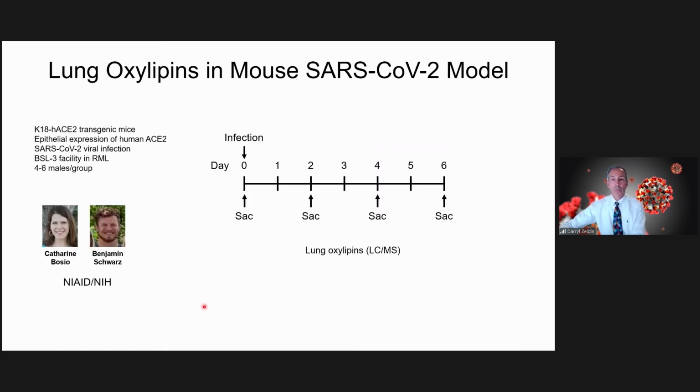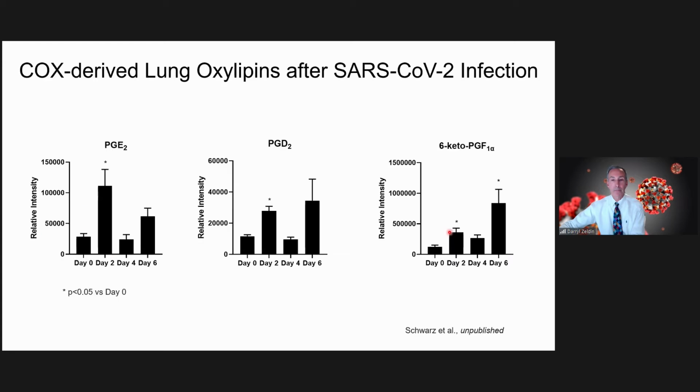Unpublished data on the regulation of eicosanoids after SARS-CoV-2 infection comes from our collaborators, Katie Bosio and Benjamin Schwarz from NIAID at Rocky Mountain Laboratories in Montana. They infected K18 human ACE2 transgenic mice with SARS-CoV-2 in a BSL-3 facility, and they assessed lung oxylipins by LC-MS on days 0, 2, 4, and 6. And you saw some of this data earlier in the symposium.